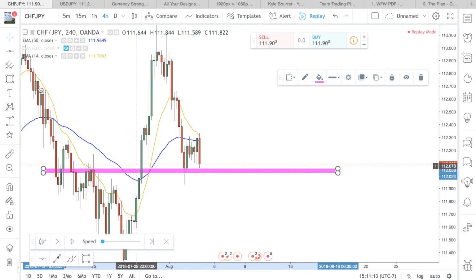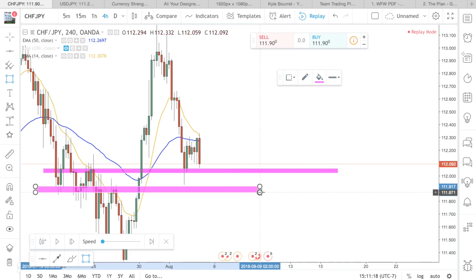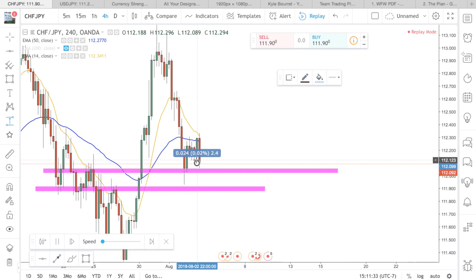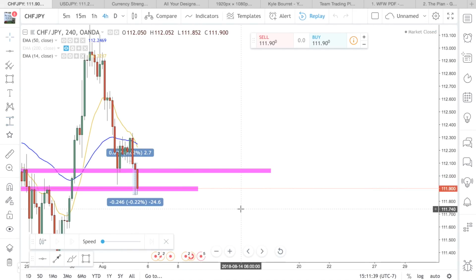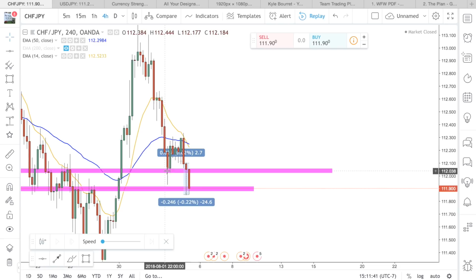We want to go into that wick range. It's too strong. Way too strong. There it was. Now we have a wick to fill. Closing below structure. Boom. For the 10 o'clock.